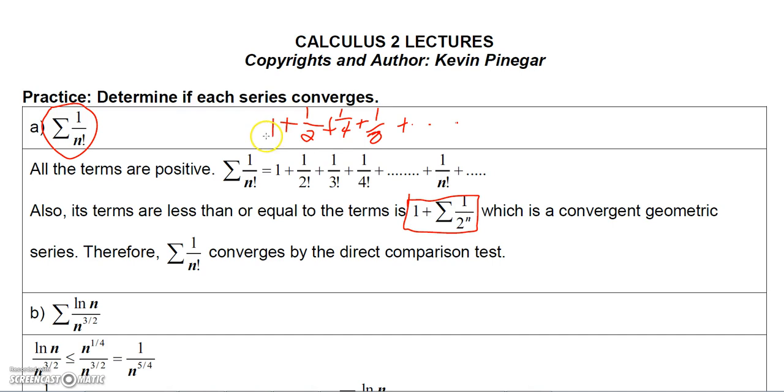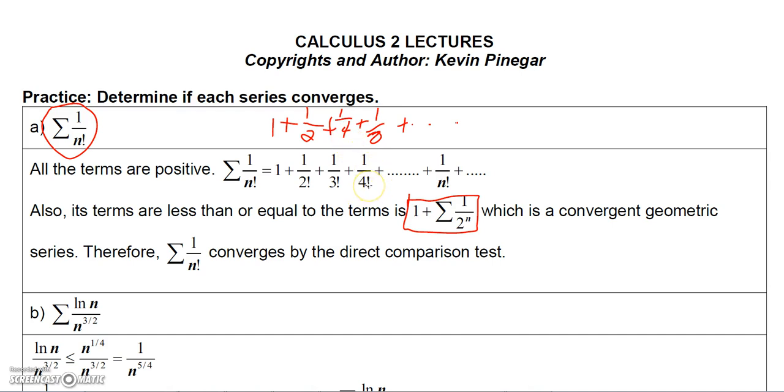So I want you to compare term by term here. The 1 here is less than or equal to 1. 1/2 is less than or equal to a half. Now this is 1/6, and 1/6 is certainly less than or equal to 1/4.